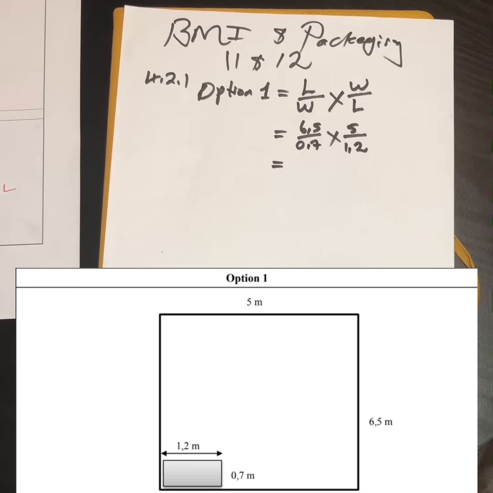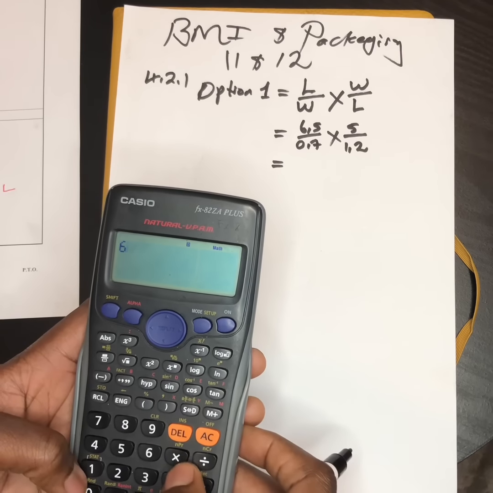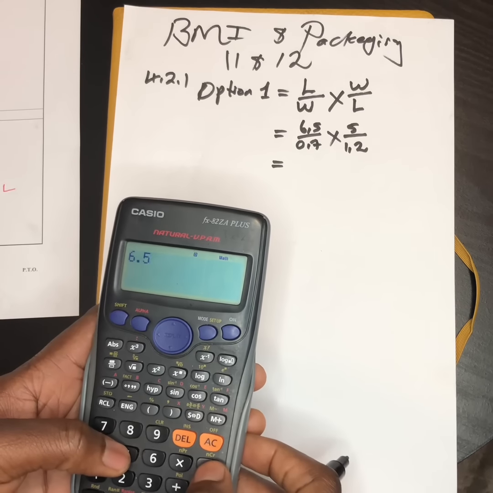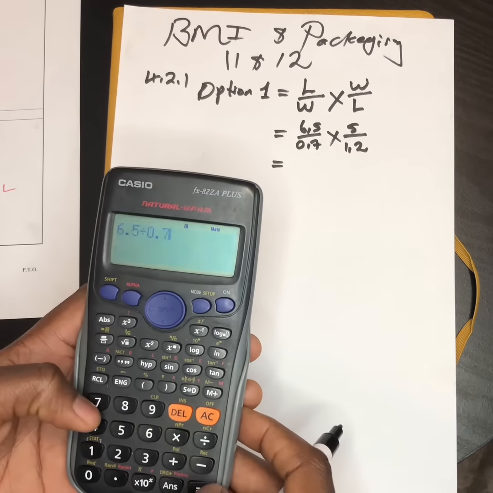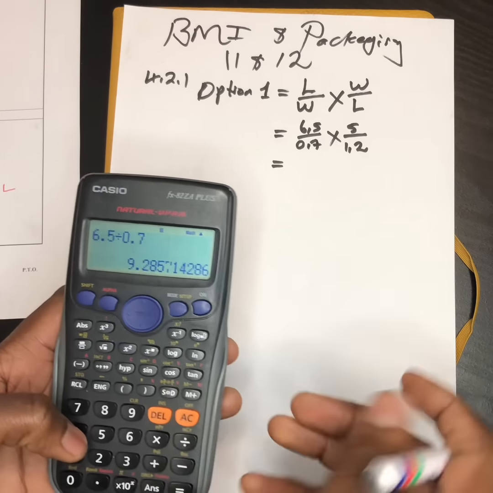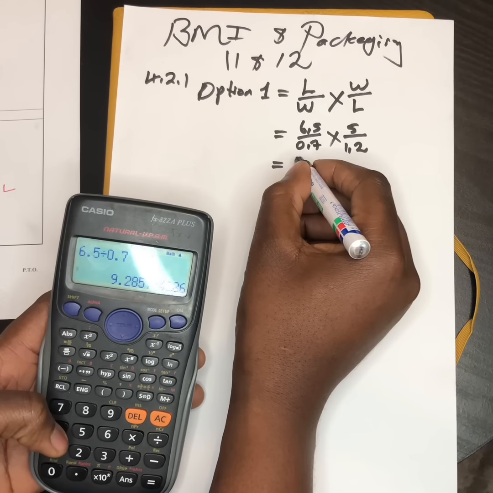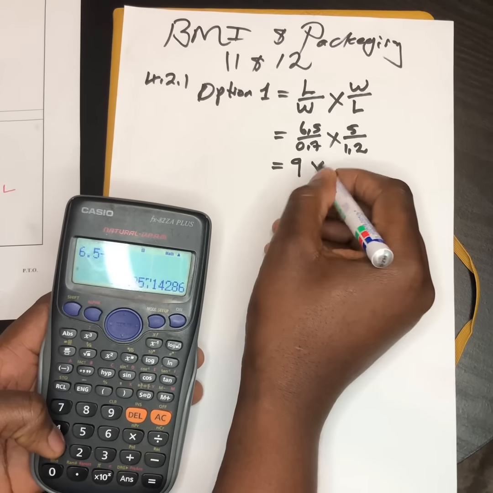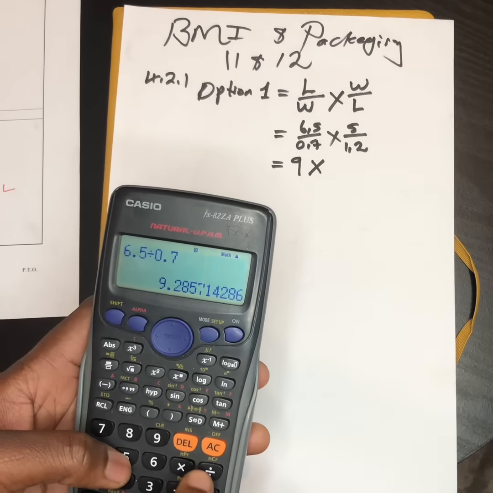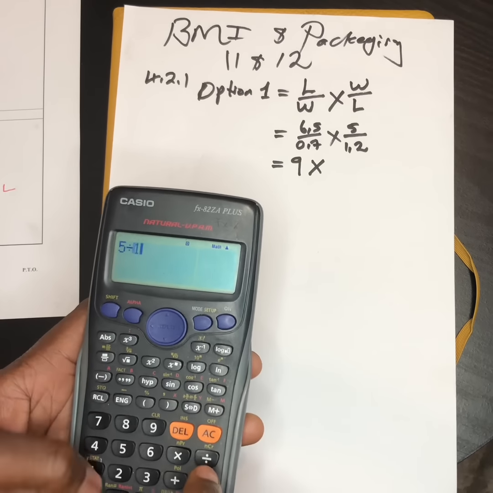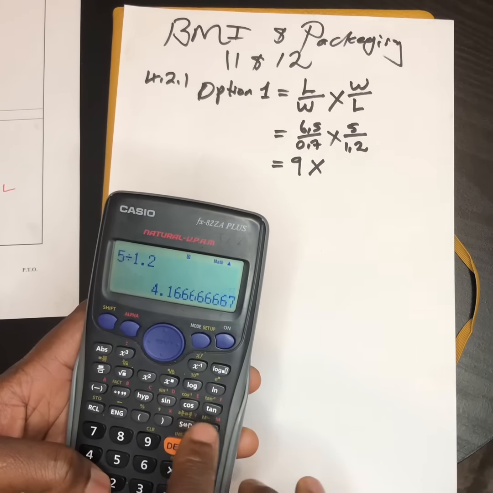So in there, when we do our packaging, 6,5 divided by 0,7. We know that we always round down. We are having what? 9. Multiply by the other one, 5 divided by 1,2, 4.